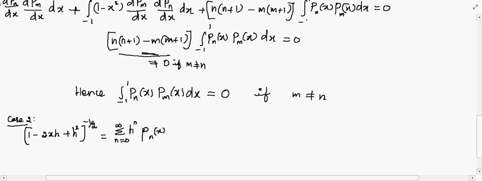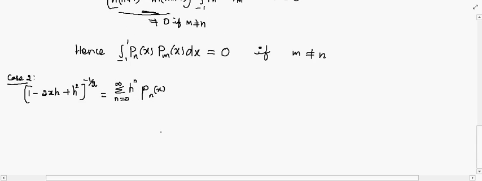That is, the Legendre polynomial is nothing but the coefficient of h power n in the expansion of 1 minus 2xh plus h square whole power minus 1 by 2. Using that property we are writing this.